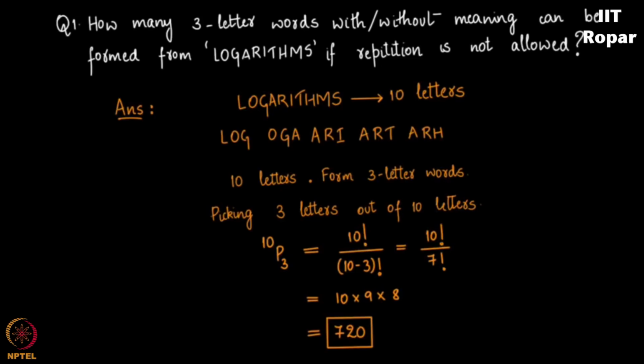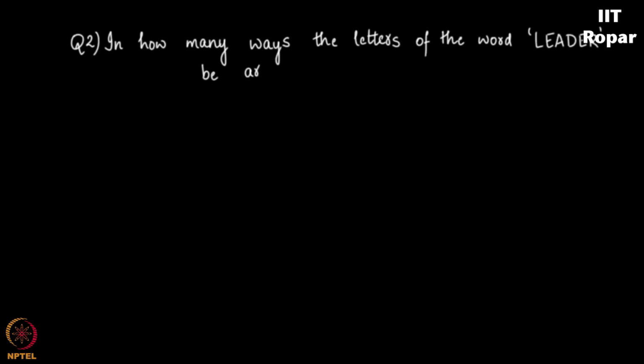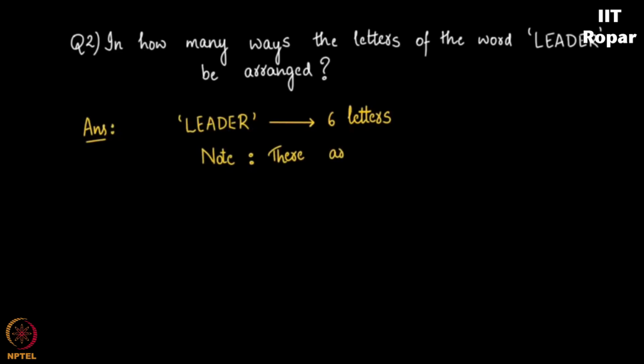The next question. In how many ways can the letters of the word leader be arranged? So the word here is leader. It has 6 letters. But please note, there are 2 E's here, unlike in the last question where all the letters were different. So we have L-E, this is the first one, A-D-E-R, and this E is the second one. And the question is, in how many ways can the letters of this word be arranged?